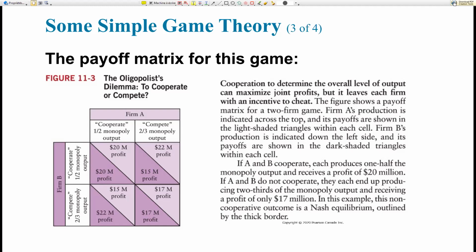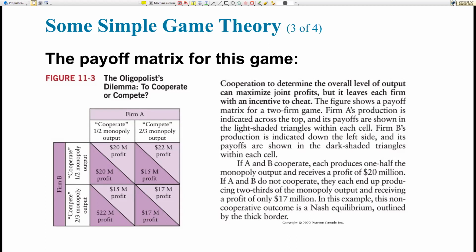All right. So then what are the payoffs? Well, the payoffs are here. For firm A, payoffs are in light purple, and for firm B, they're in the darker purple cells. If firm A cooperates and firm B cooperates, then they both get 20 million.